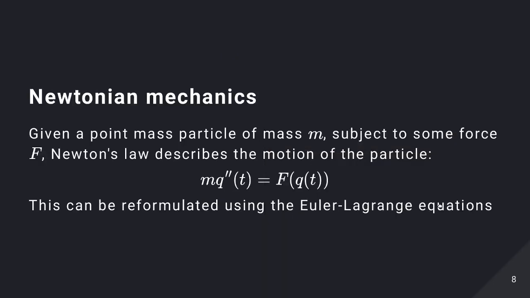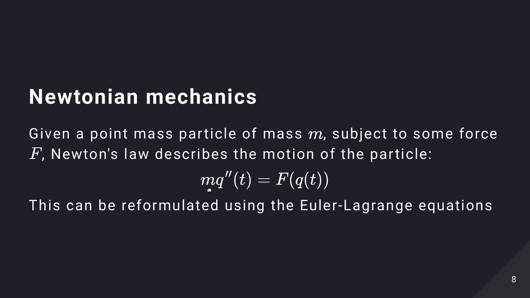But okay, we can use this to solve our problems, but really the original setting in which these Euler-Lagrange equations were formulated and motivated was physics. So I guess most people here will have at least seen Newtonian mechanics, so that if you have, say, a point mass particle with a mass m subject to some force F, then we can use Newton's law to describe the motion of the particle.